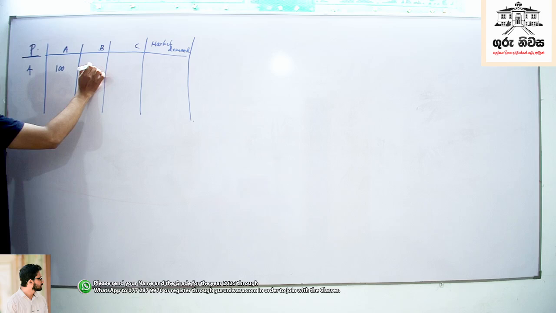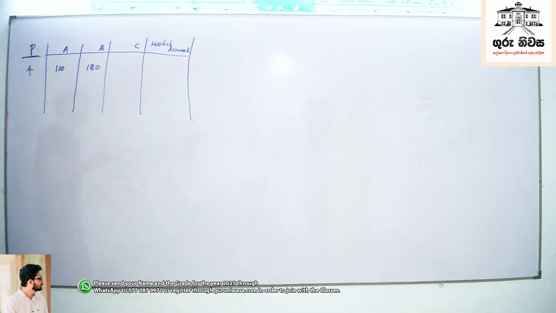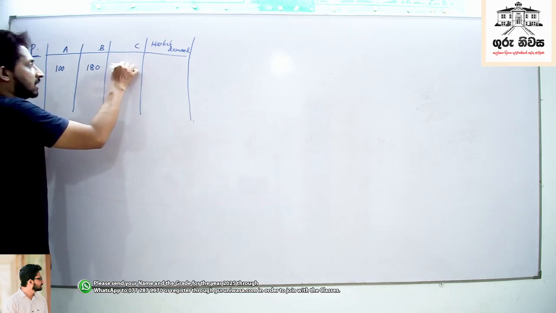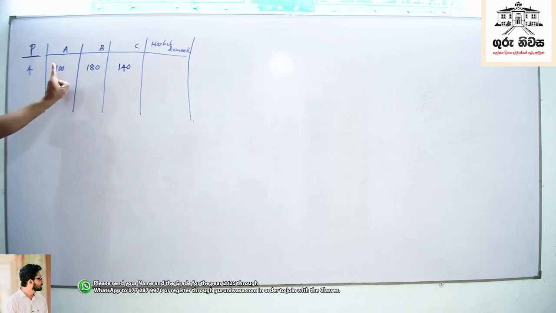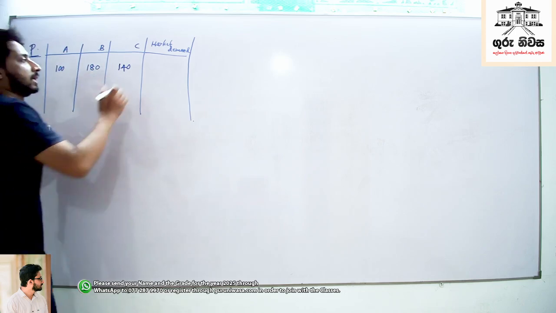Yes, 180. Same price, person C is willing to buy 140 units. It means, if this market contains only 3 consumers, at price 4, 280, 420.